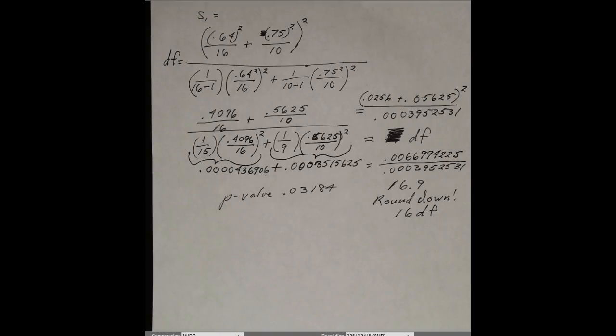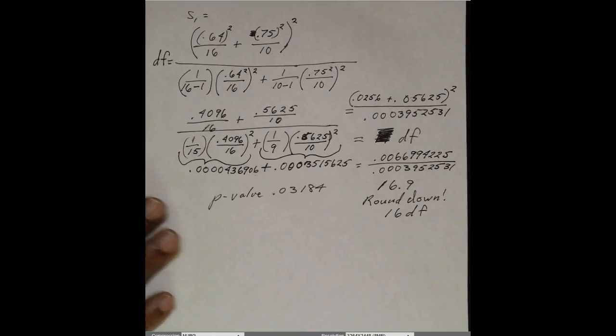Now in the textbook, they have a function in the data analysis toolkit that you can use, but that's only good if you actually have the raw data. We don't have the raw data. The file that you are given for this problem just summarizes the same information in the problem itself: the sample size, the sample mean, and the sample standard deviation.